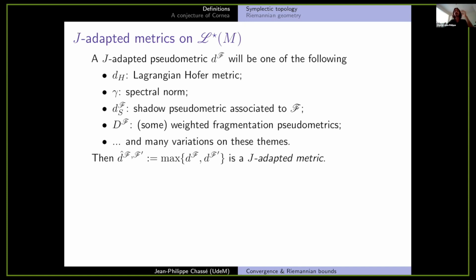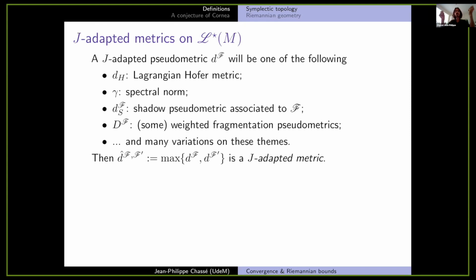But it could also be something else, so that's why I wrote this big D F. It could be some of those weighted fragmentation pseudometrics, which have been introduced by Biran, Cornea, and Zhang. Not all of them, but some of them. So there's a lot of possibilities.